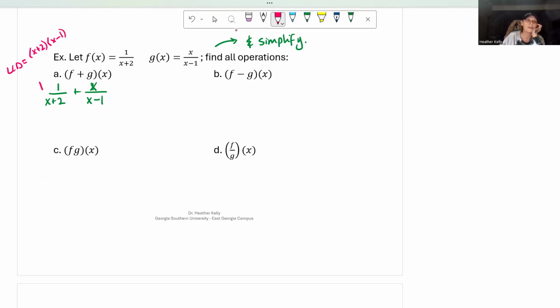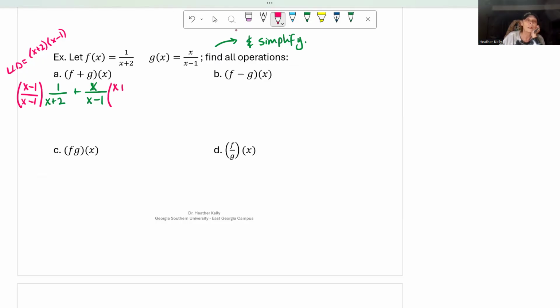Now, we're not solving these. These are expressions that we are simplifying. And so we are not multiplying through and getting rid of any fractions here. We're just making one big, pretty fraction that has a common denominator.